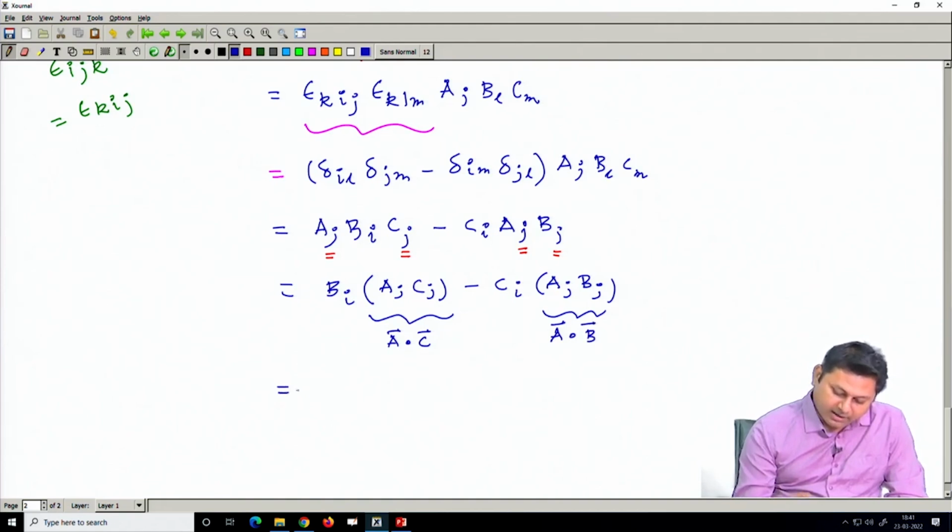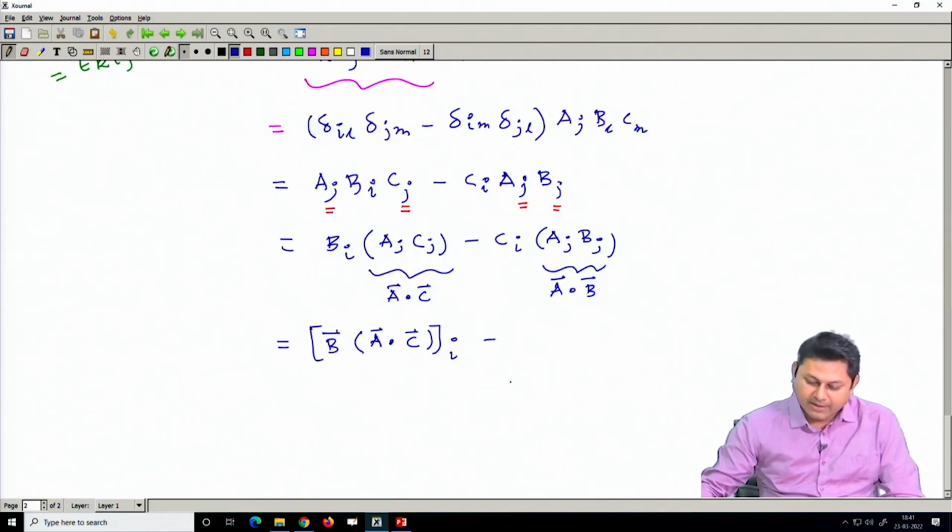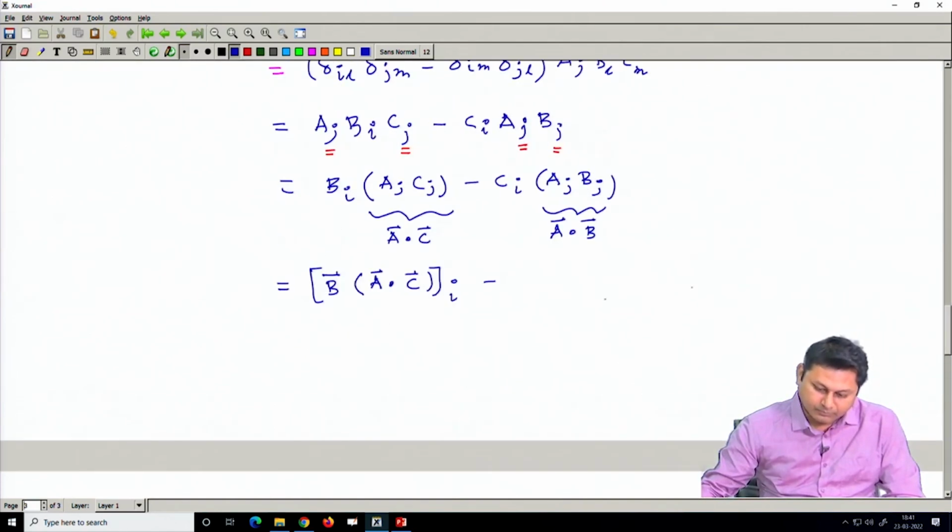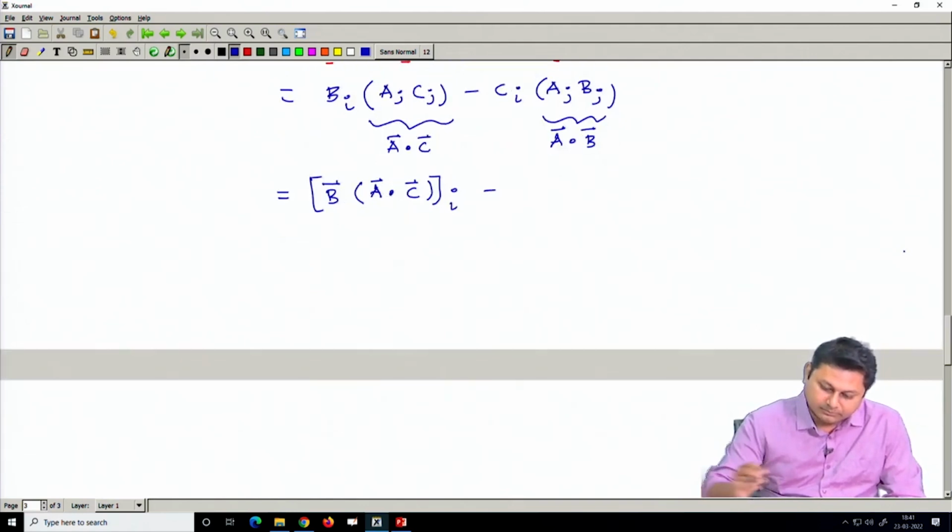So, I can write this as vector B, and then the ith component of that quantity, and minus, now I am having another term.